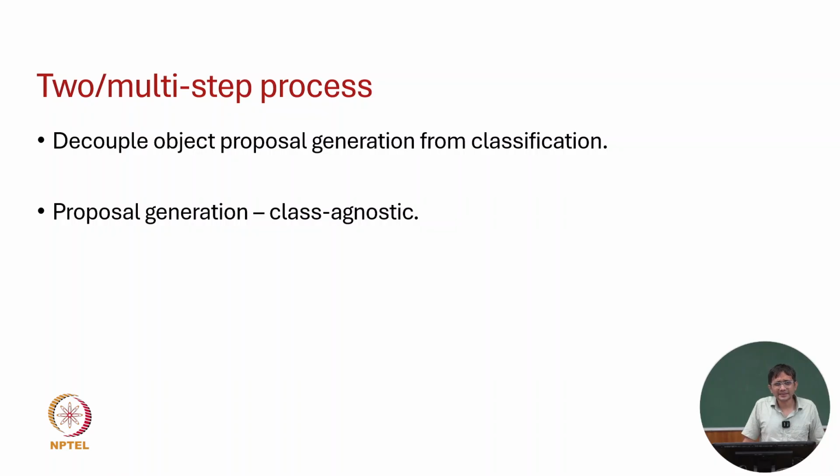Similarly, most such two-step processes of object detection, not just RCNN, do not think about classes in the proposal generation mechanism. This is better kept decoupled.